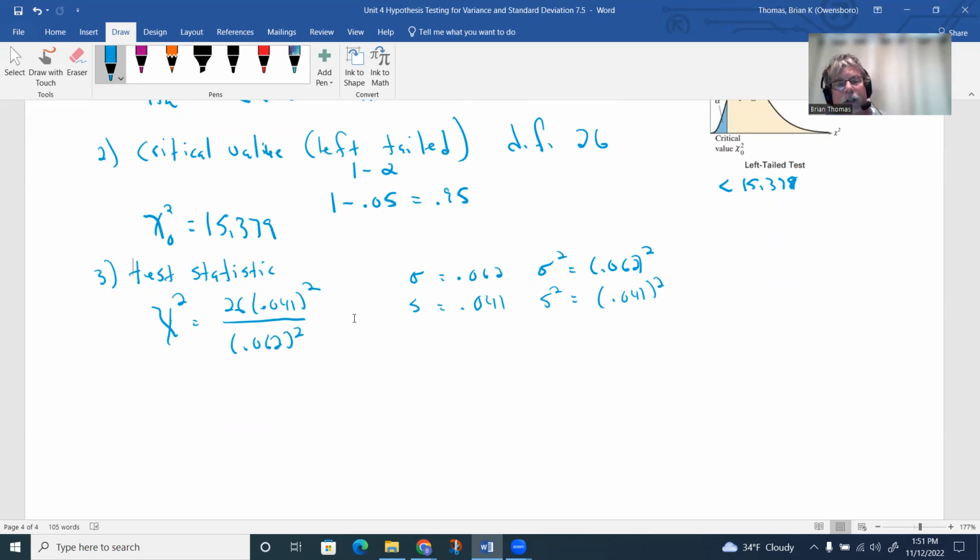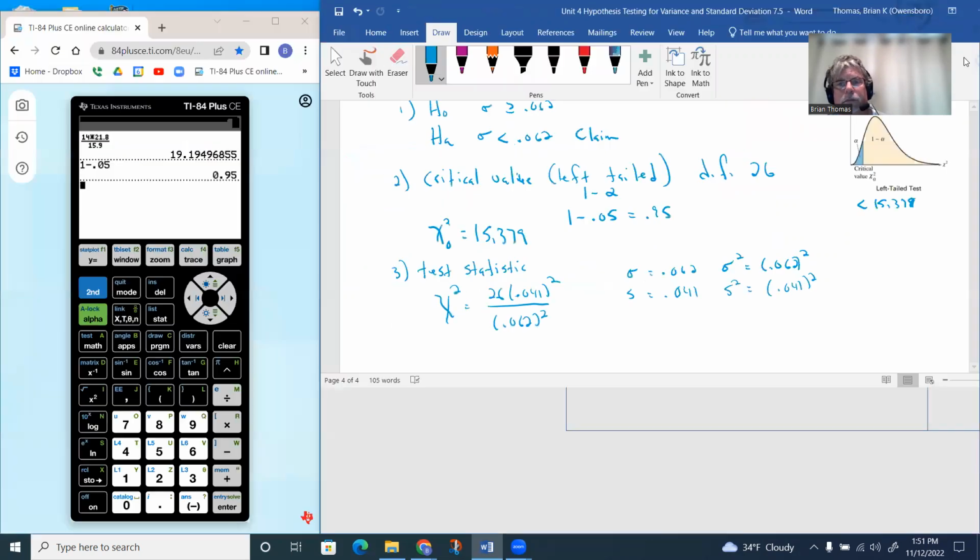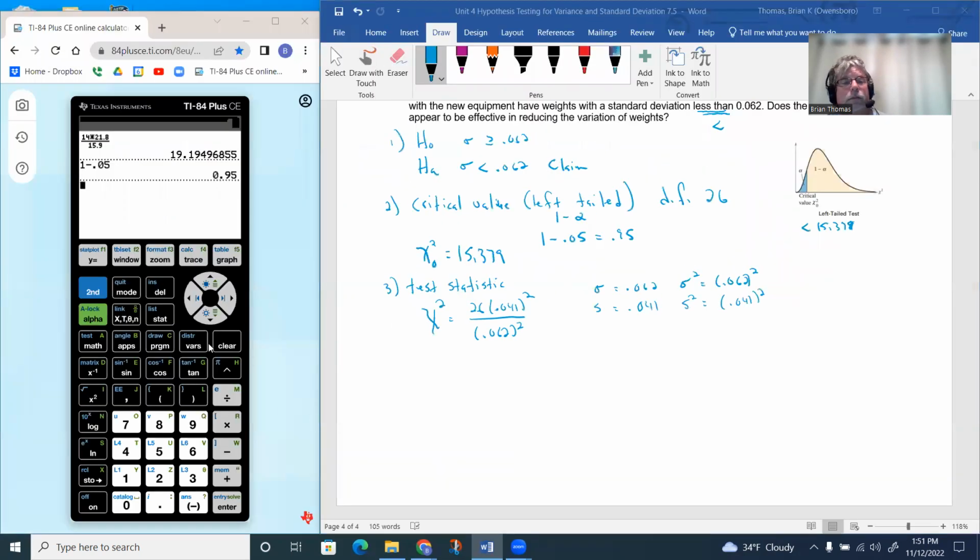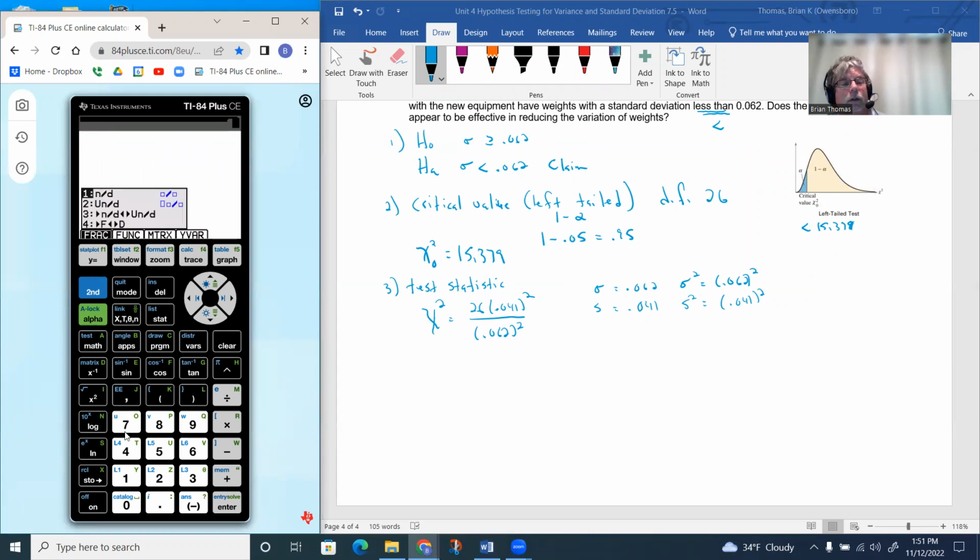If we put that into our calculator, we have a fraction: 26 times 0.041 squared, and then 0.062 squared.